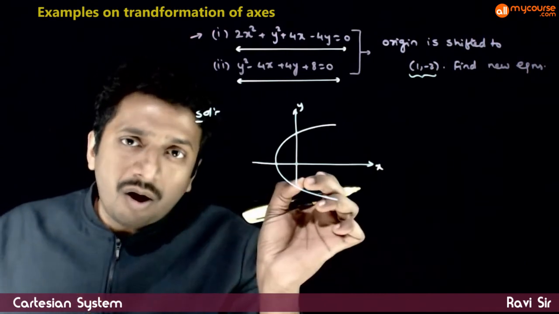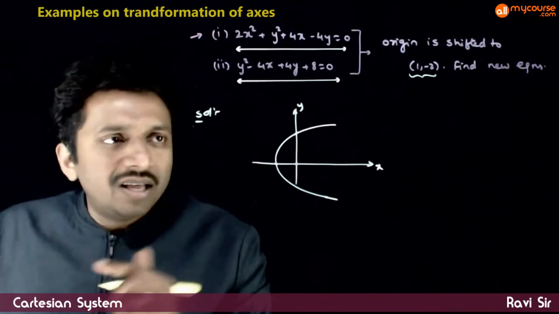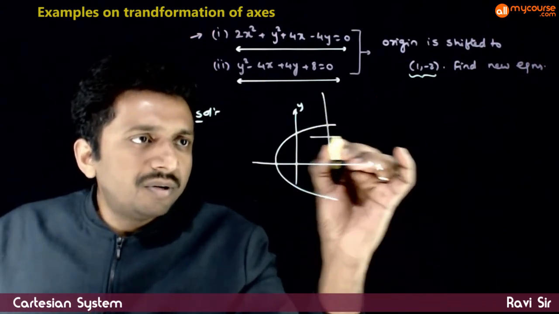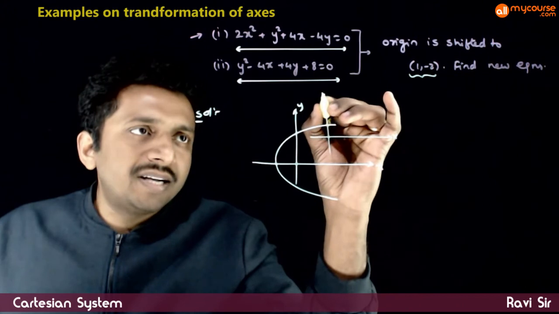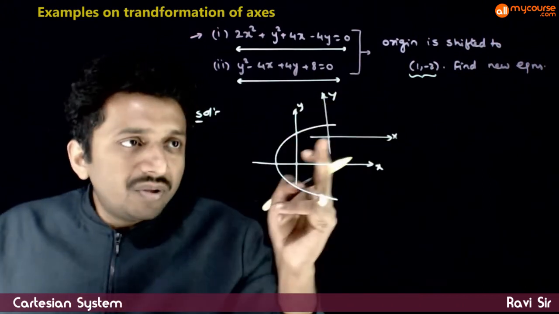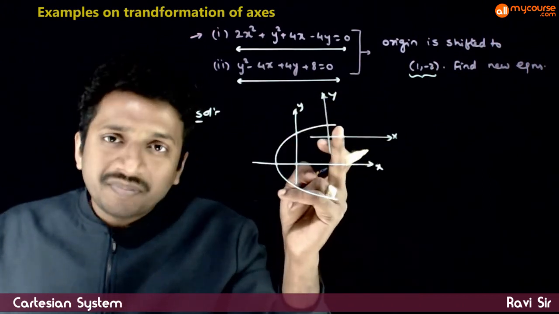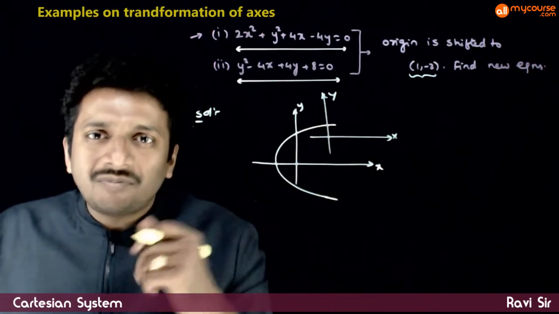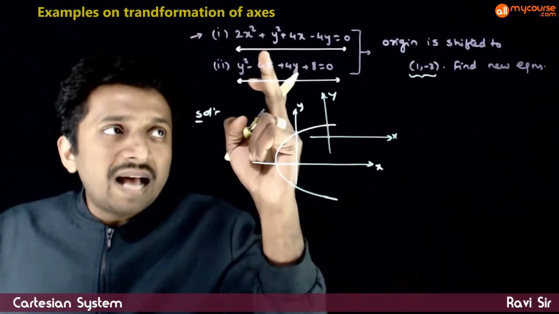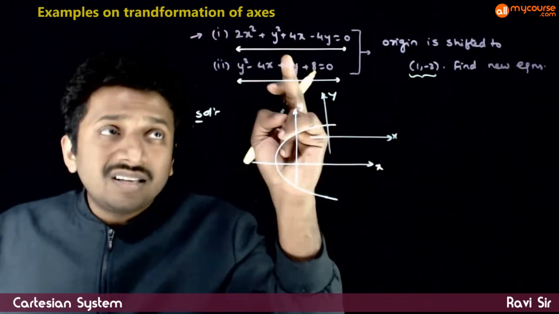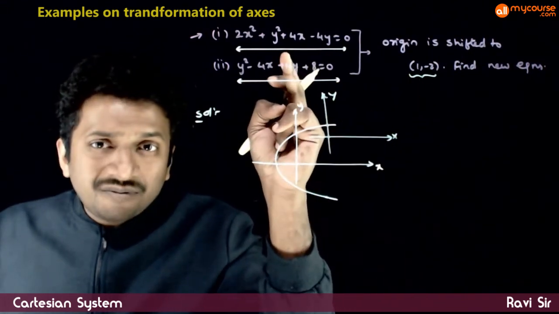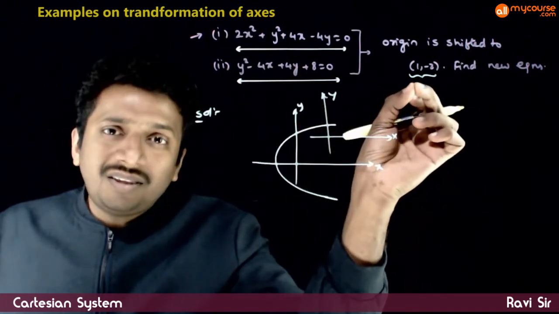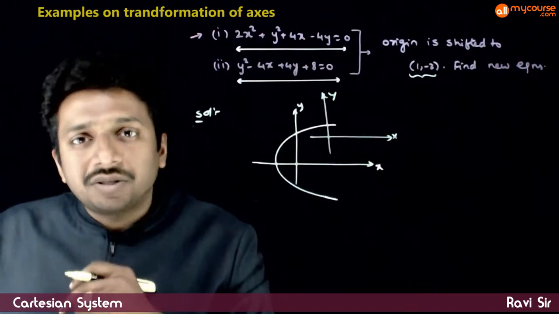Now, if the origin is shifted to some other point, assume that the origin has been shifted to this point. These are the new coordinates, capital X, capital Y. Now, with respect to this coordinate axis, obviously, the equation of this curve will look somewhat different. So, you're asked to find the equation of this curve when observed with the new origin at 1, minus 2.